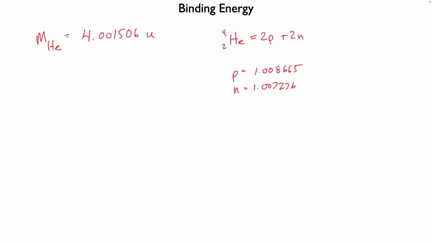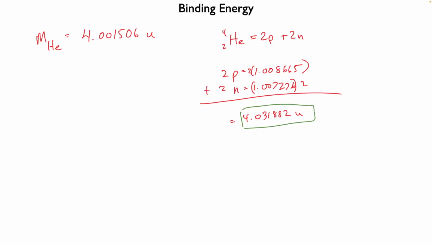So if we double this and then add it together, I get 4.031882 atomic mass units. The green box is the result we get when you just take the mass of protons, mass of neutrons, double them, add them together.